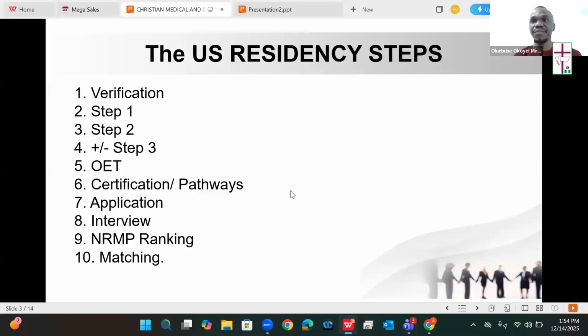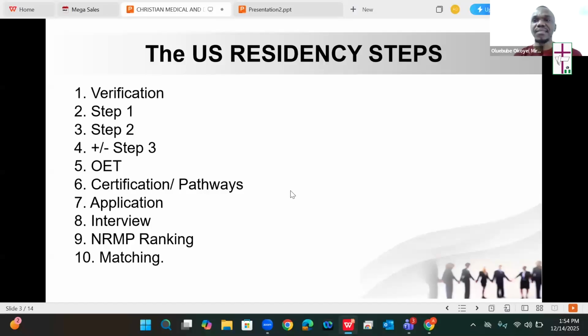And I guess that's also one of the reasons why a lot of persons decide to go the US pathway rather than the Canadian pathway. And another thing there is also the fact that the US has a very large pool of opportunities and hospitals that are open to doctors.